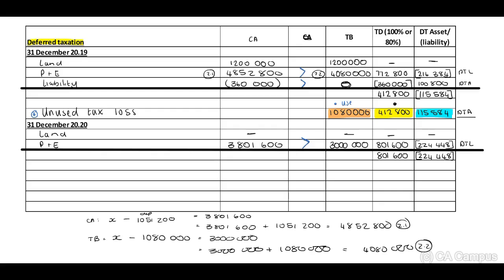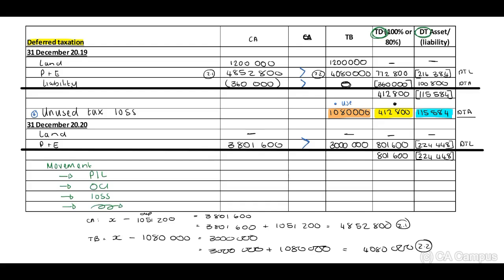When you look at the left side, I'm going to include here. We need to identify the movement of our temporary difference from 2019 to 2020 and our deferred tax. Okay, now that movement can consist out of the profit and loss portion, can consist out of OCI if there's revaluations, it can consist out of our losses, and it can consist out of a change in tax rates.